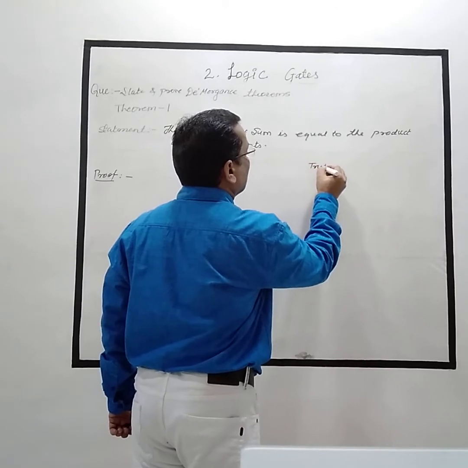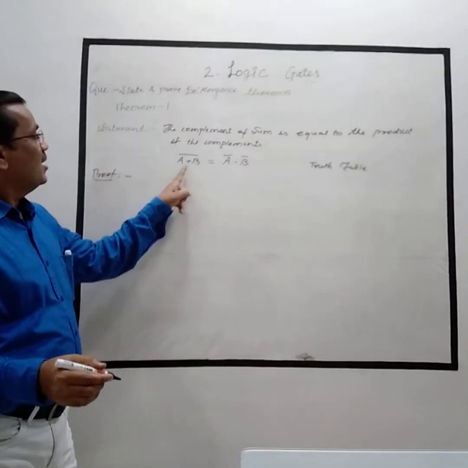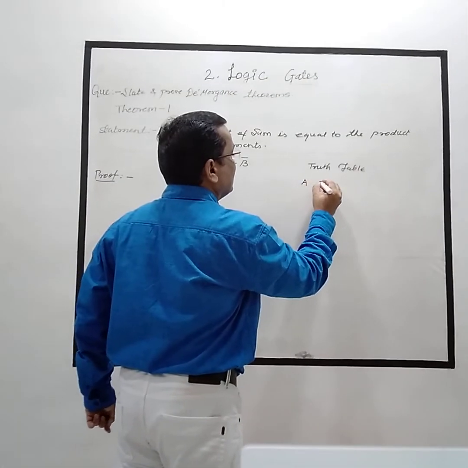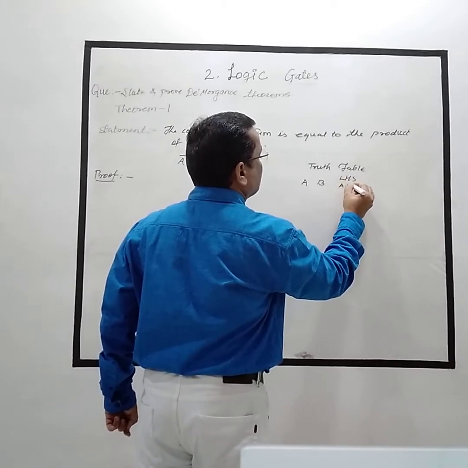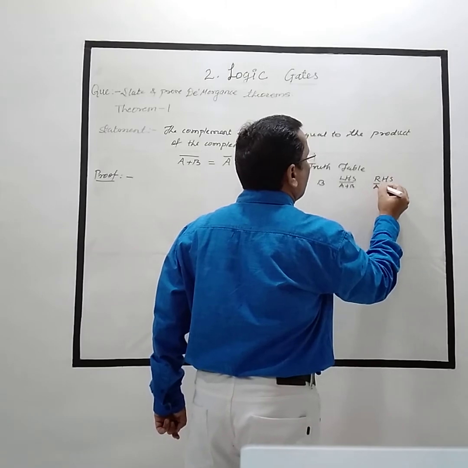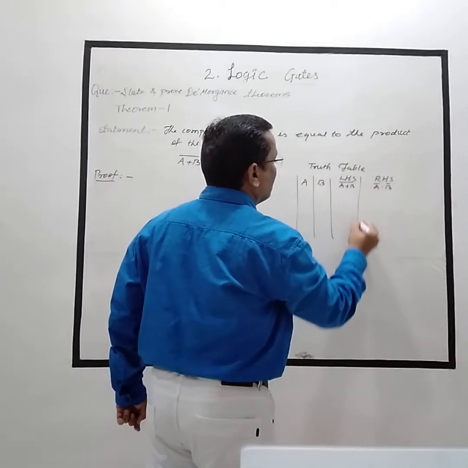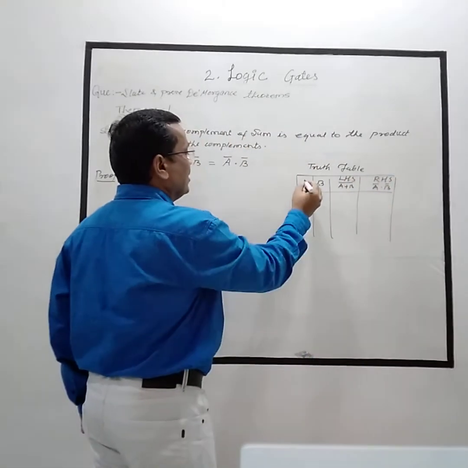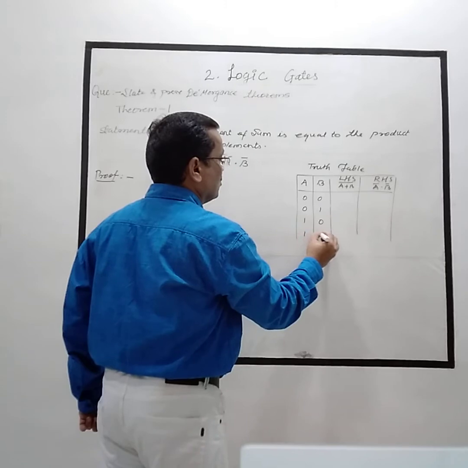Truth table: A, B, A plus B, and here A, B, LHS, A plus B whole complement, and RHS, A complement dot B complement. Look here, all the possible combinations of A and B: 00, 01, 10, 11.